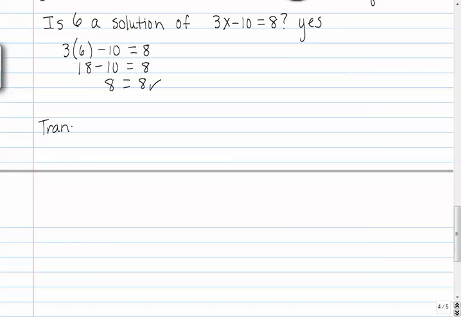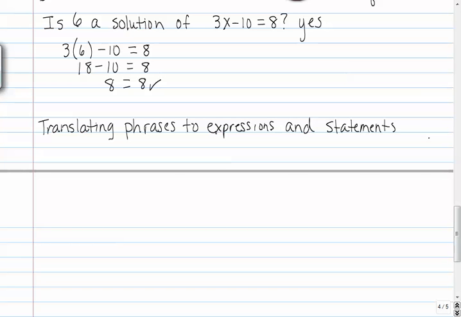Okay, the last thing we're going to go over today is translating phrases to expressions and statements to equations.